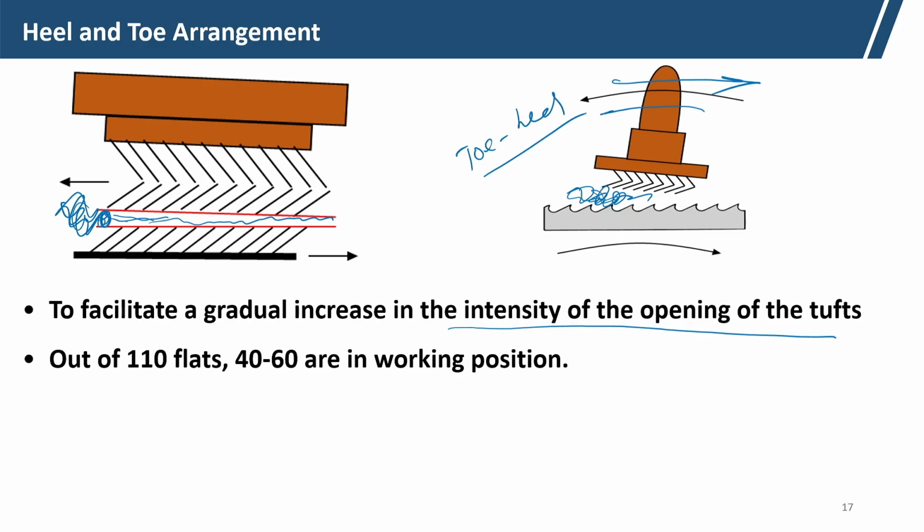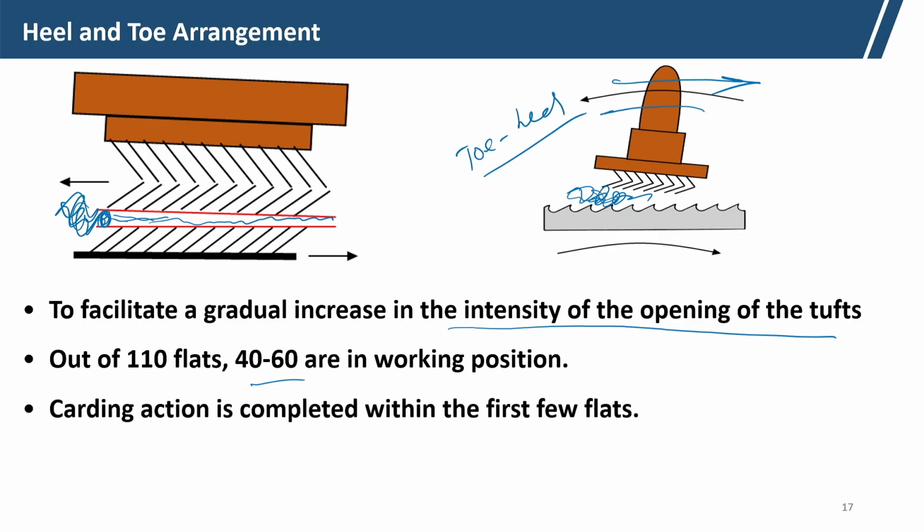Out of 110 flats, around 40 to 50 flats are in working position, but the carding action is completed within the first few flats. The main carding action is completed in maybe 10 or 15 flats, and the remaining flats perform the cleaning action.